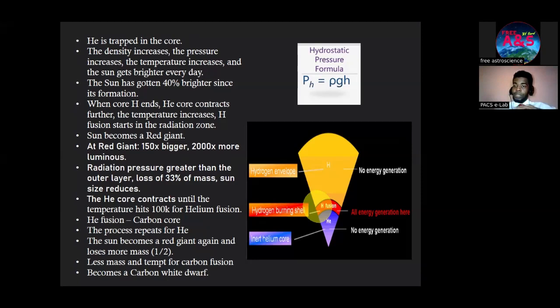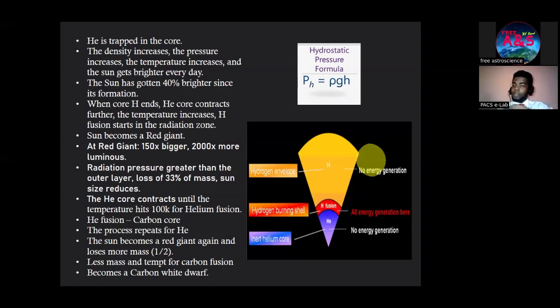So the carbon will develop its own layer in the core, just like when hydrogen was burning, helium was developing its own core. So when helium is burning, carbon is going to be forming its own core. You understand? Carbon is denser than helium and hydrogen.